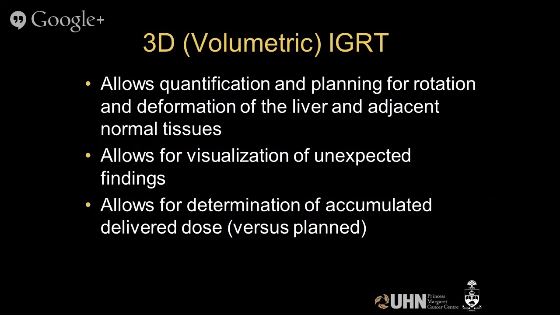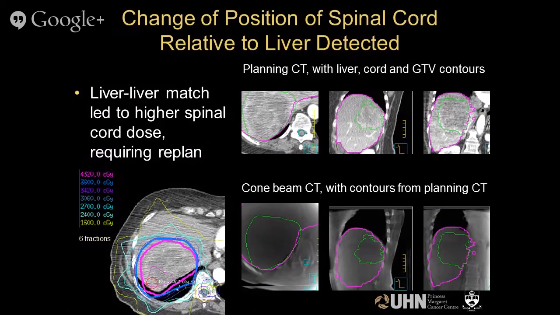It allows for visualization of unexpected findings and determination of accumulated delivered doses versus planned. So I think this is an important research tool where, if we really know what doses we're delivering, we're going to have a better idea of what the true dose-volume relationship is for normal tissue complications and tumor control probability.